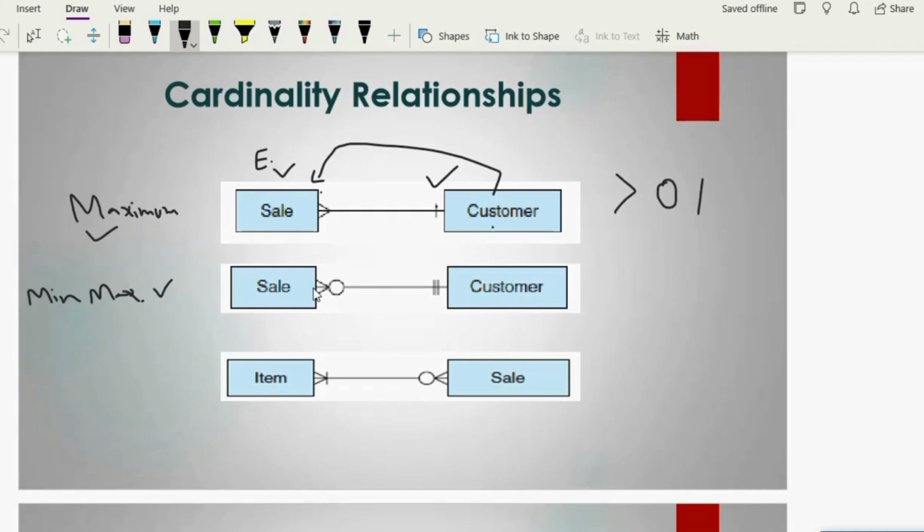So number one, sale is made to minimum of one customer and maximum of one customer. I cannot have one sale invoice for two customers. No, one invoice is sent to one customer. Okay, so one sale will have minimum of one customer and also maximum of one customer. It could not have more than one customer.